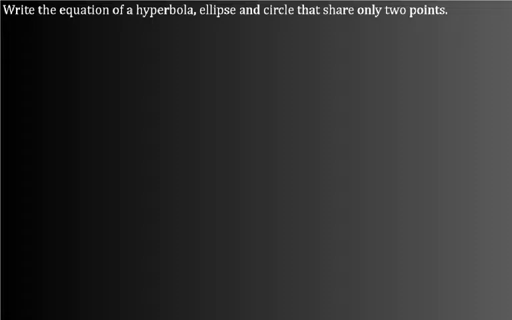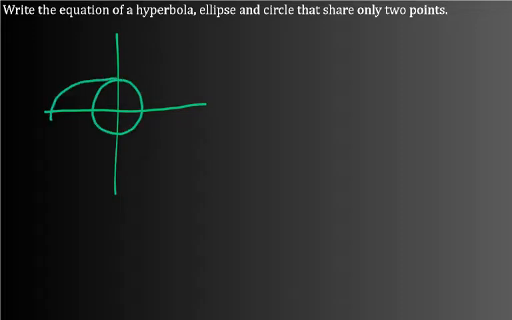All right, I'm about to go through it now, so hopefully you paused. The way I would personally do this is, let me just draw a rough picture. I'm going to draw a circle at the origin like that. I'm going to draw an ellipse like that, and then a hyperbola like this.